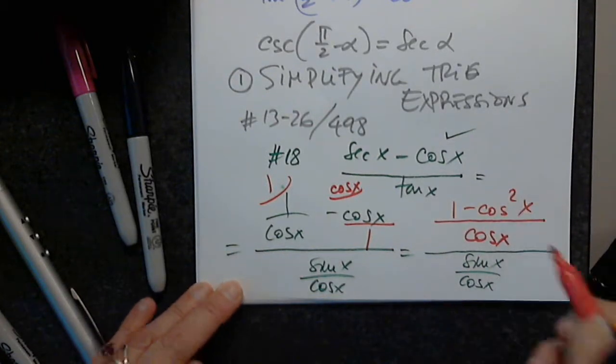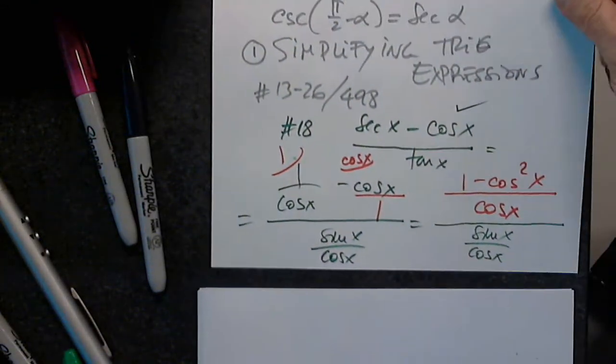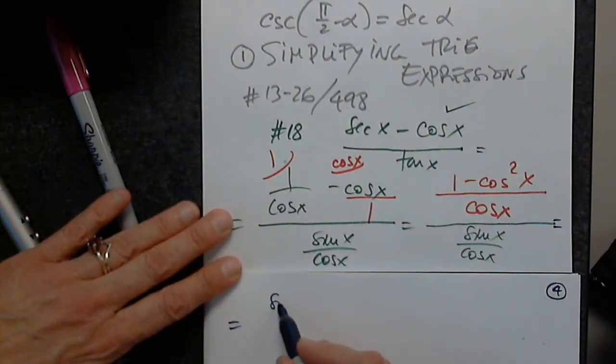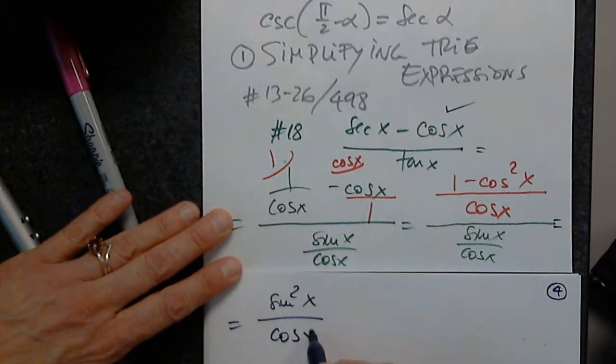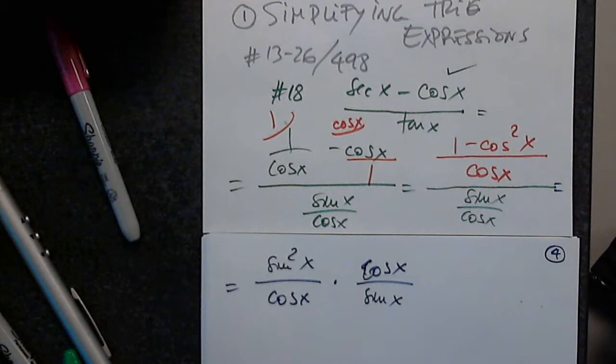I do have an identity. Which one? Sine squared x equals 1 minus cosine squared. Very good. So I will continue with sine squared x over cosine x times cosine x over sine x. The top fraction is indeed sine squared over cosine x. I copy it first and then flip the denominator because I'm dividing two fractions, multiply by cosine over sine.